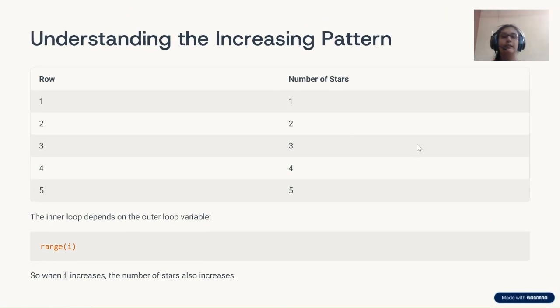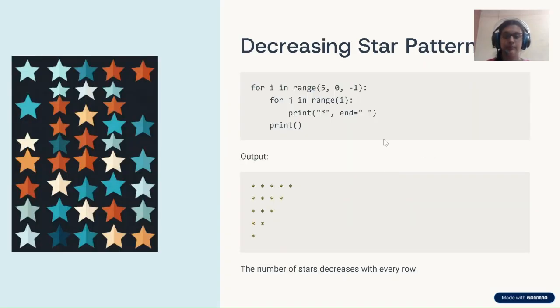We printed the increasing star pattern, with each row the number of stars were increasing, but can we print the decreasing star pattern, the reverse of the previous pattern? Instead of increasing the number of stars, we'll start with more stars and then decrease it. For this, we'll use this thing.